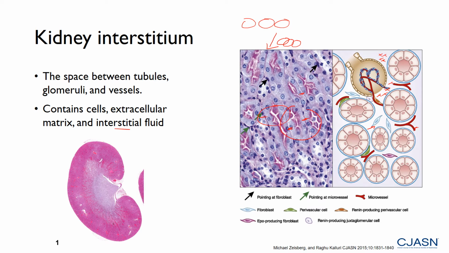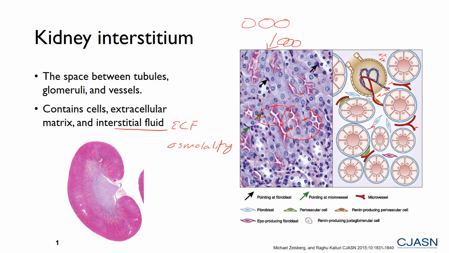This fluid is not necessarily what you think of as watery fluid that pours and flows like a river, but it's more like extracellular fluid. That extracellular fluid is what we're going to be talking about, because this ECF and the osmolality of the interstitial extracellular fluid is going to impact how we concentrate our urine.